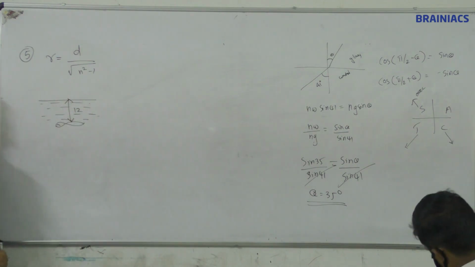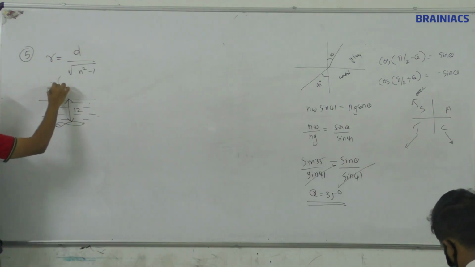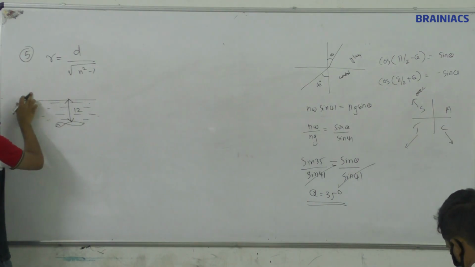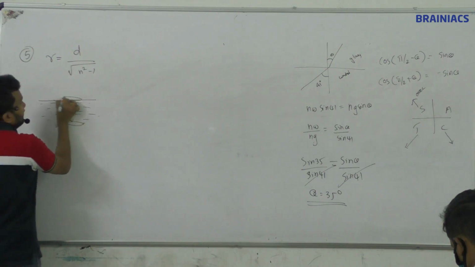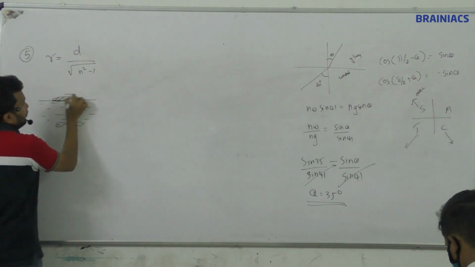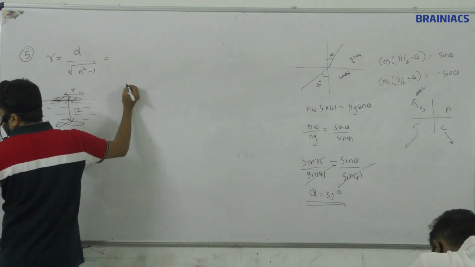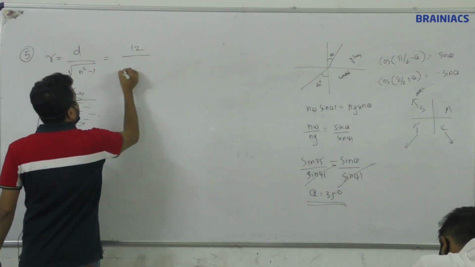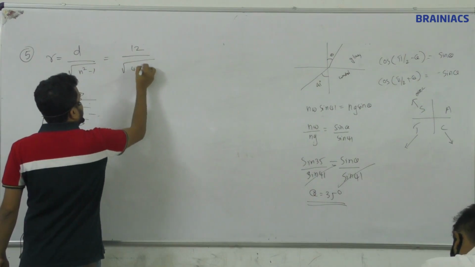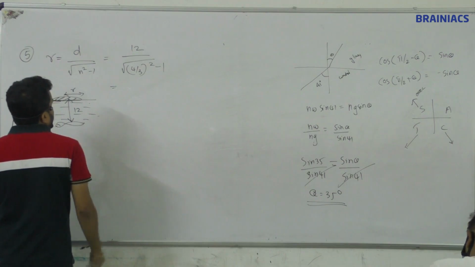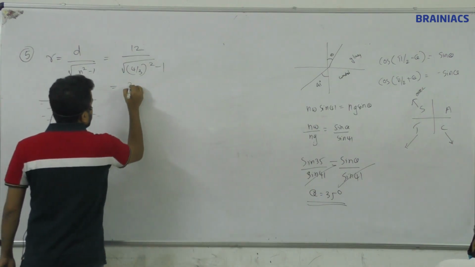The bird will be here, so the fish is seeing the bird. The horizon will be here, and the radius of the horizon is R. D means depth, which is given as 12. So 12 divided by root of (4/3) squared minus 1. That gives 36 by root 7.